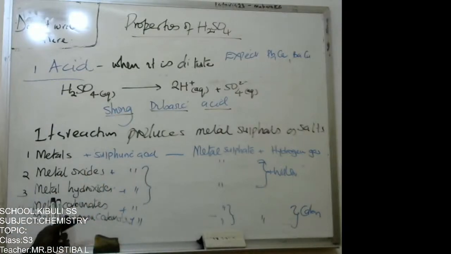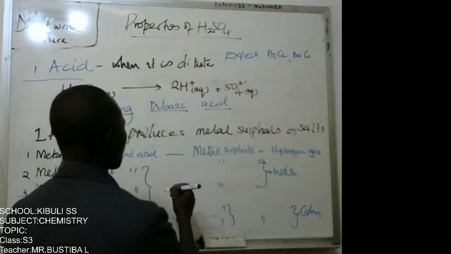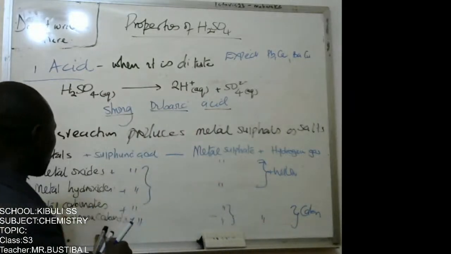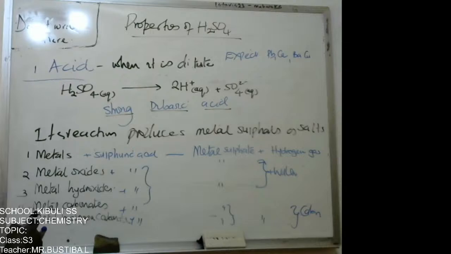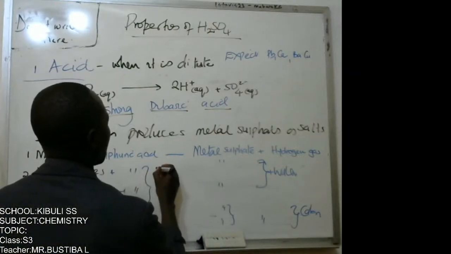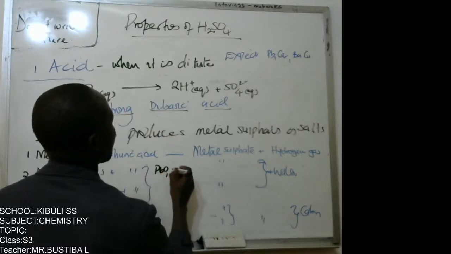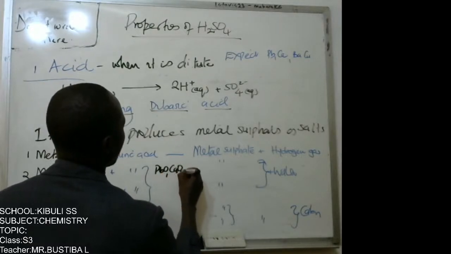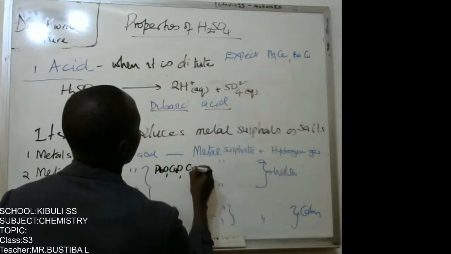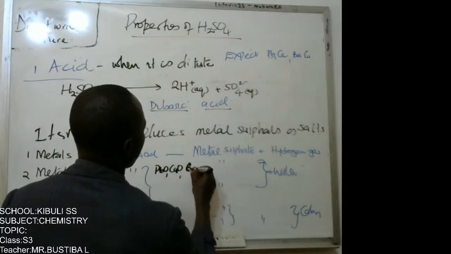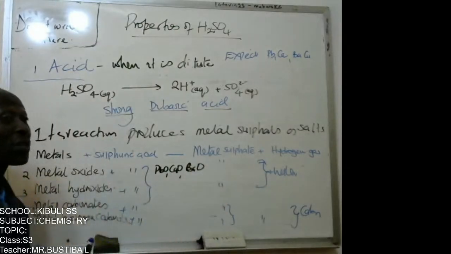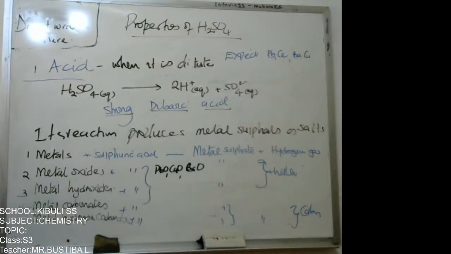Therefore, which oxides are we kicking out? The oxides we shall kick out will be three oxides only. So we are kicking out lead oxide, calcium oxide, and barium oxide. Copper oxide reacts when heated.